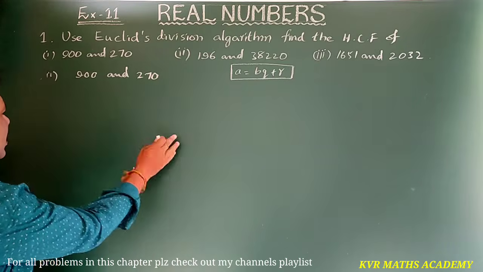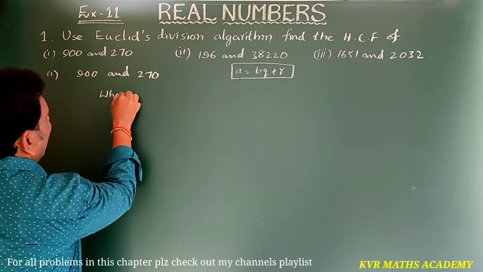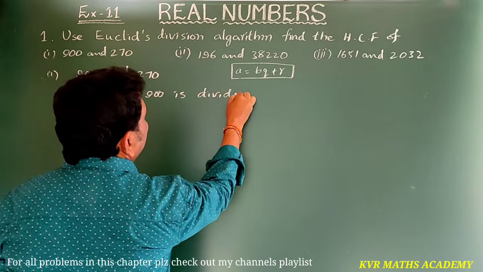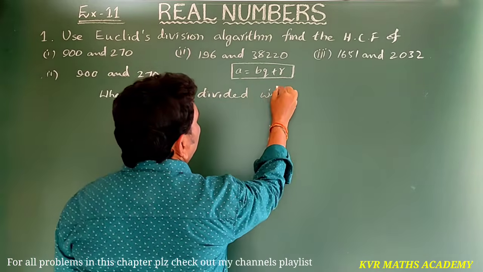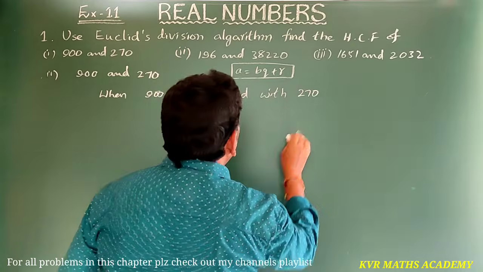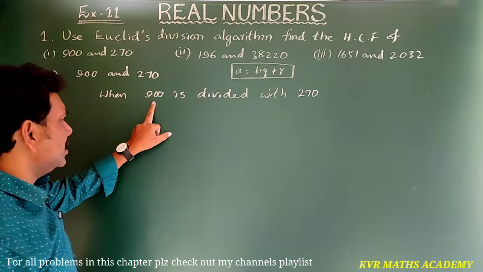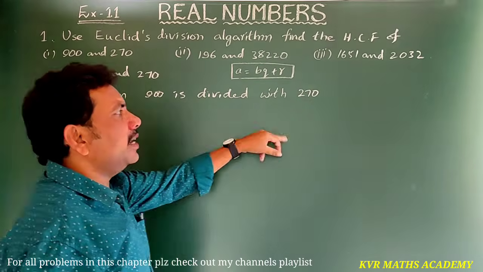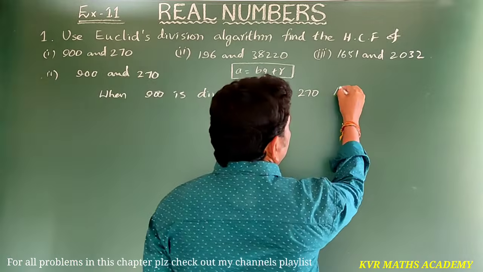First, 900 is divided with 270. This is the biggest number, no? That's why it is divided with the next smaller number, 270.